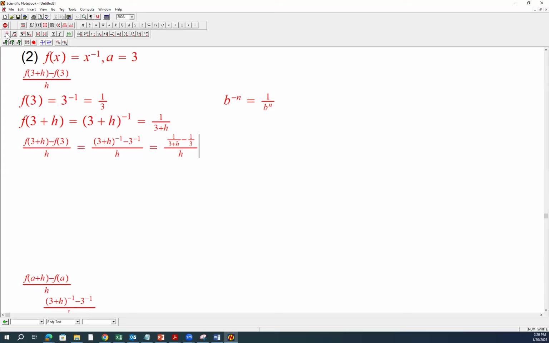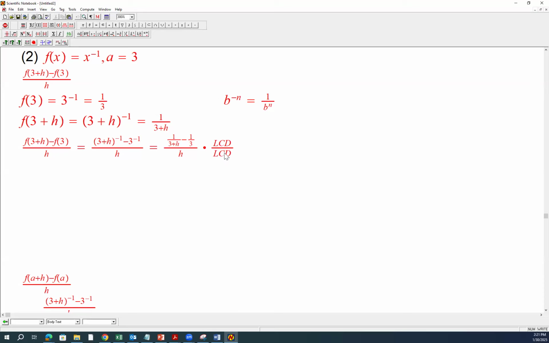So this is a complex fraction. In algebra, we have done complex fractions, right? So we're going to use a complex fraction technique to reduce this expression. And what is that technique? That technique is to first find the common denominator, the so-called LCD.